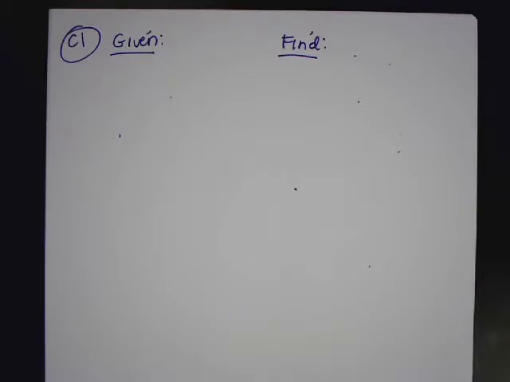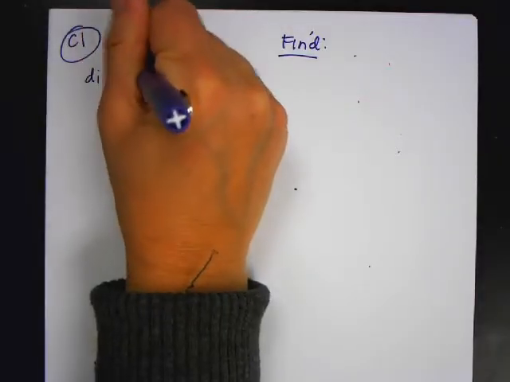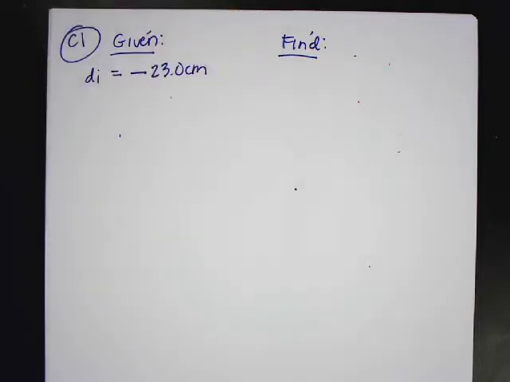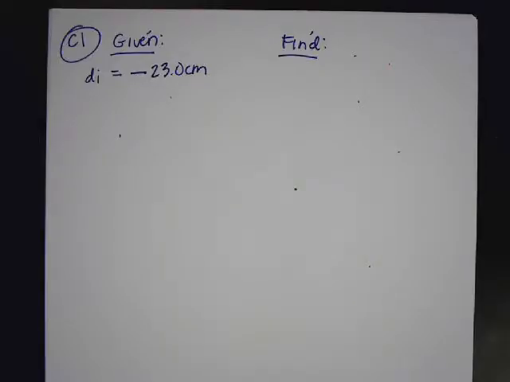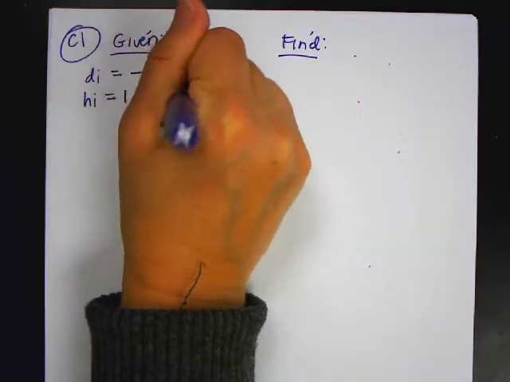Now when we have the test, you're going to have convex and concave, so obviously you have to read the problem carefully to see which type it is. Okay. So DI is equal to negative 23 centimeters. It's 1.7 centimeters tall, so the height of the image is 1.7 centimeters.